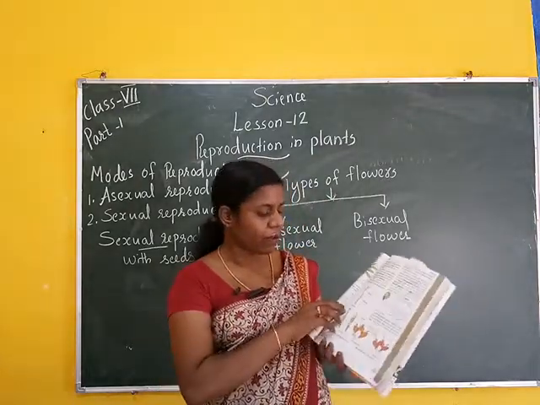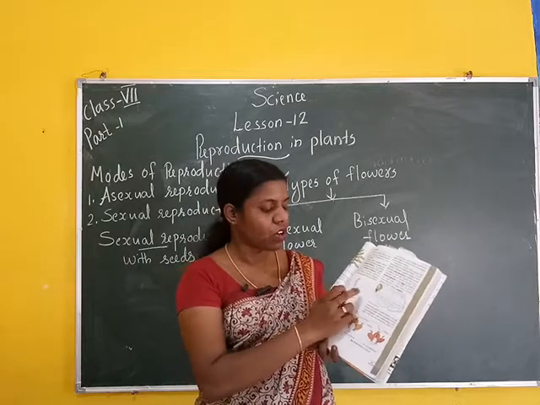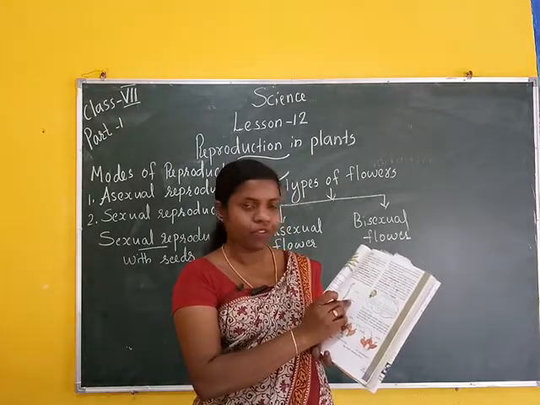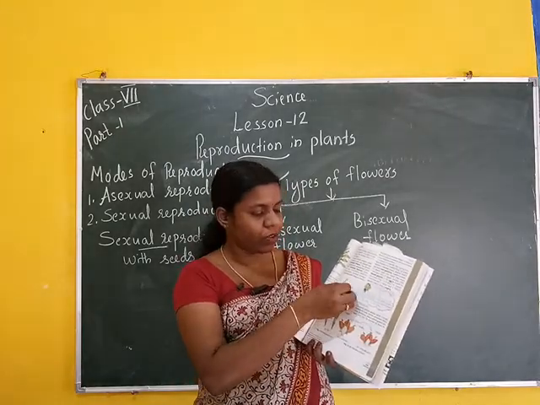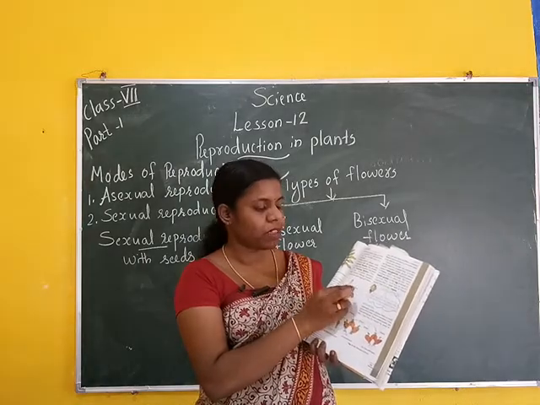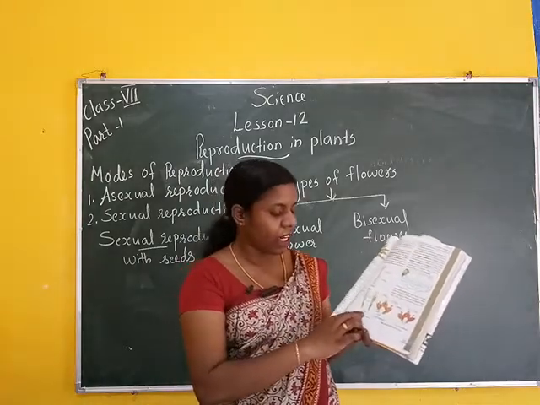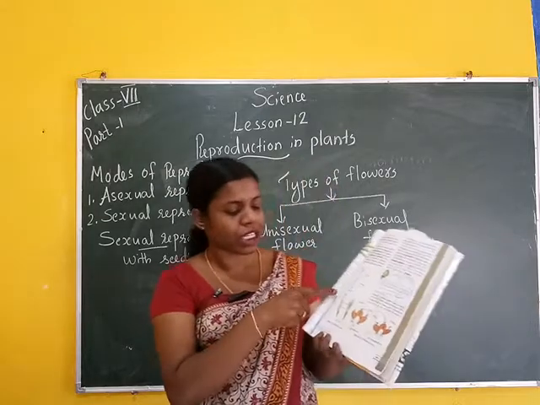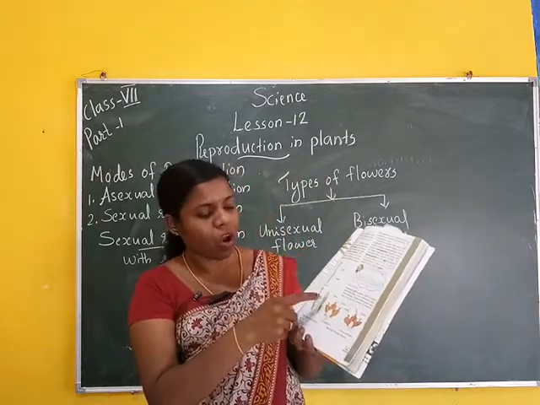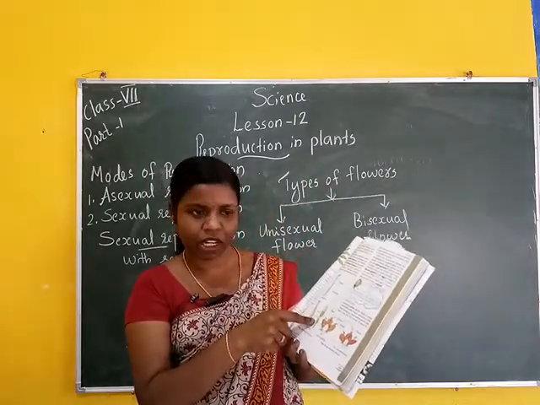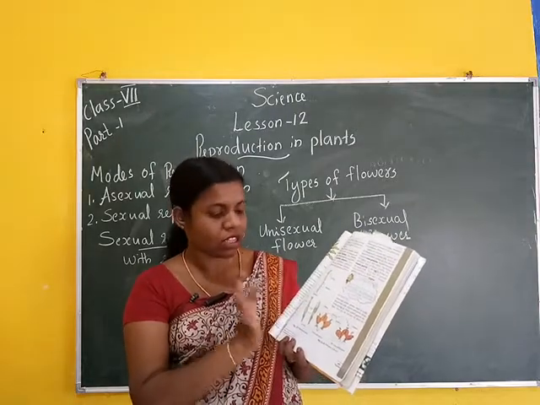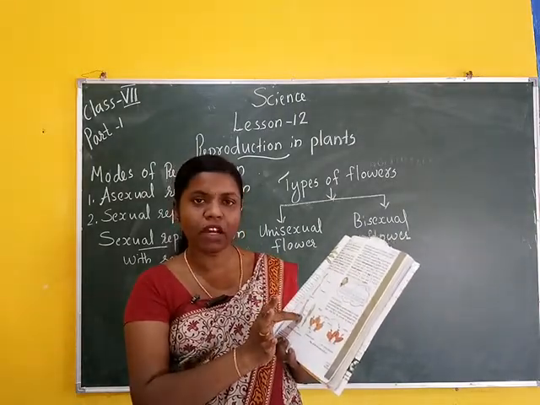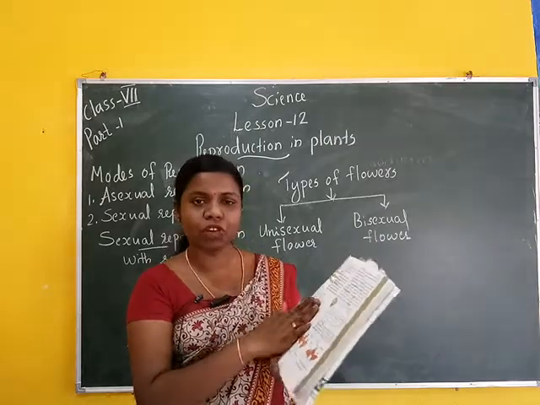Stamen consists of anther and filament. This tube-like structure is the filament, and the first portion is the anther. Then pistil consists of stigma, style, ovule, and ovary. These are the parts of a flower.